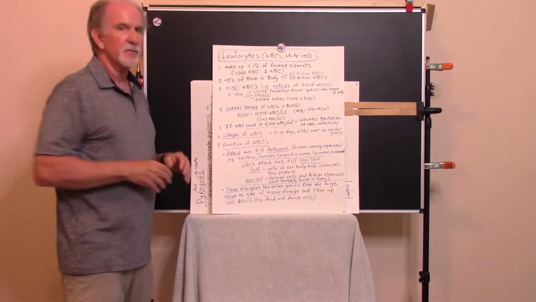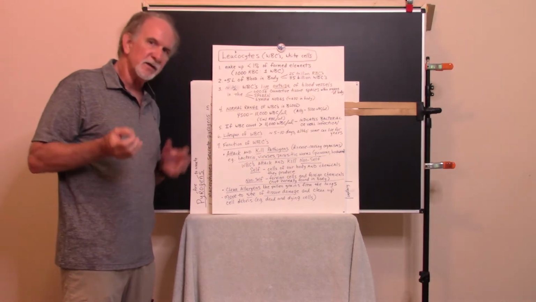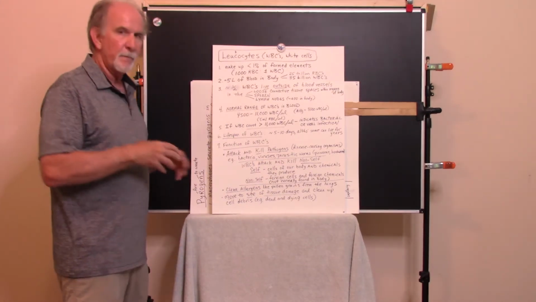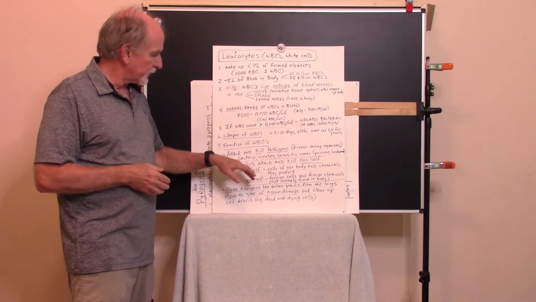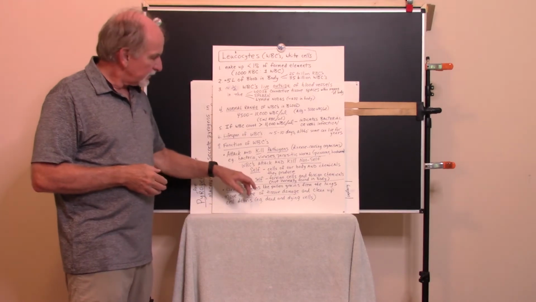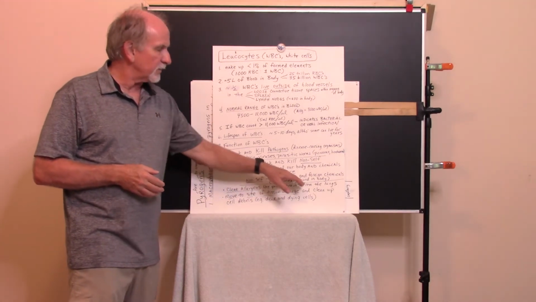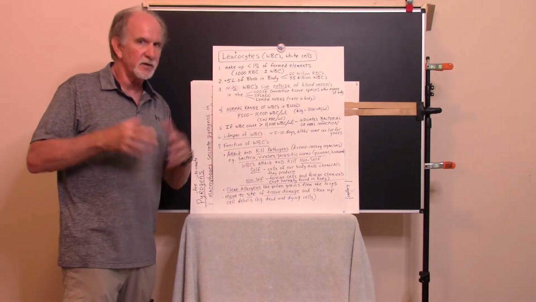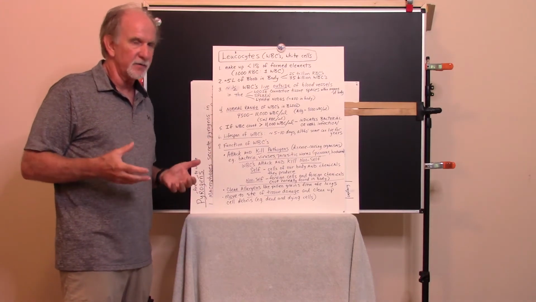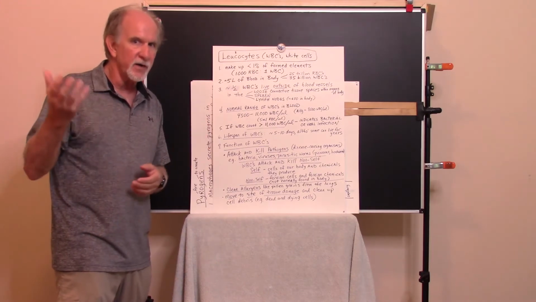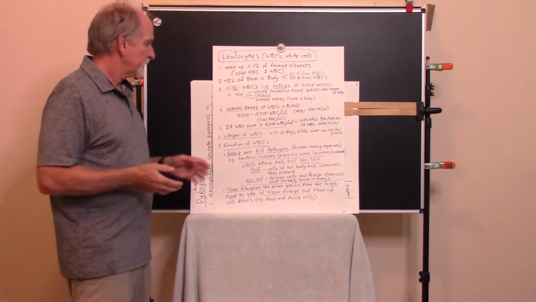So white blood cells are genetically programmed to be able to distinguish non-self from self. So non-self would be foreign cells and foreign chemicals that aren't normally found in the body. Non-self would be bacteria, viruses, pollen grains.